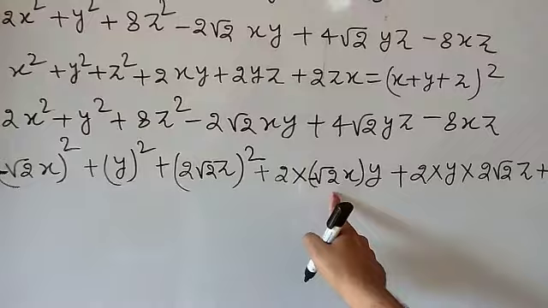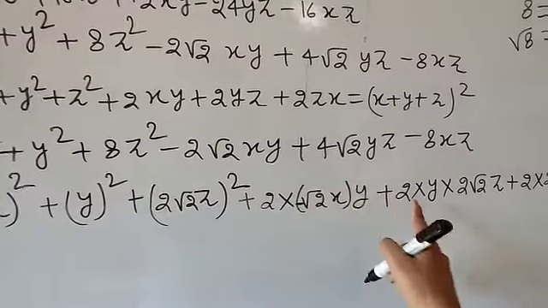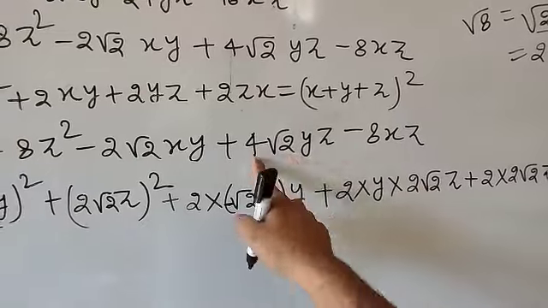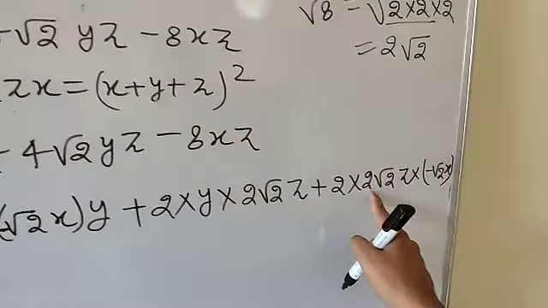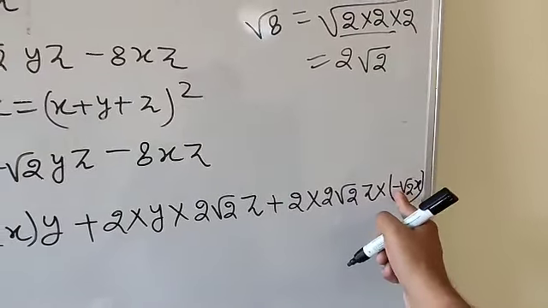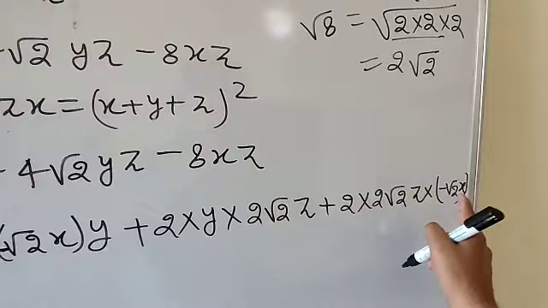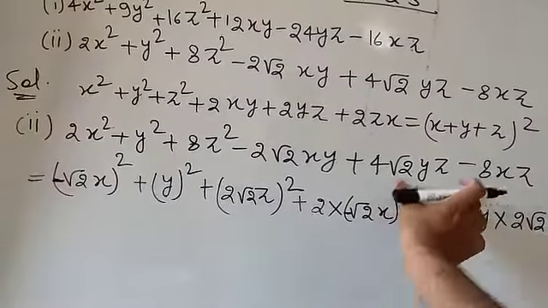So 2 into minus root 2, minus 2 root 2 xy. Now 2 into 2 is 4 root 2 yz. Now 2 into 4, root 2 into root 2 is 2, so 4 into 2 is 8, and here it is negative, so it will be negative xz. So both are same. There is no change between this value and this value.